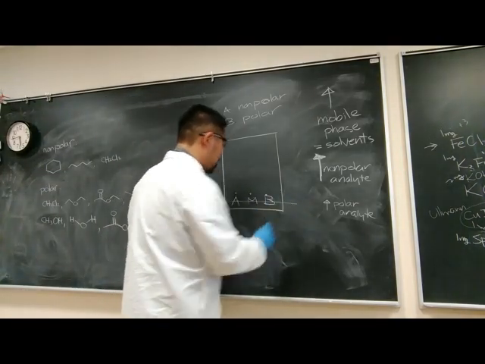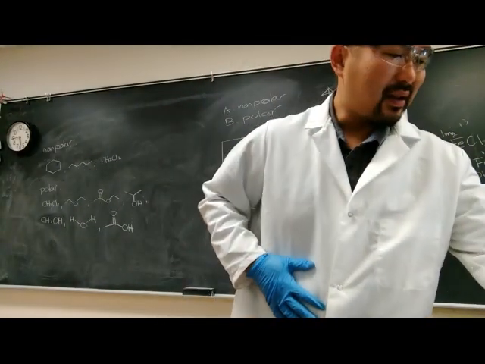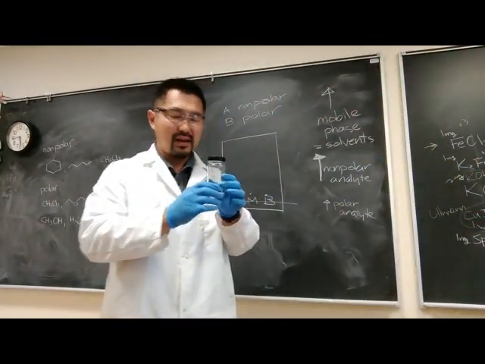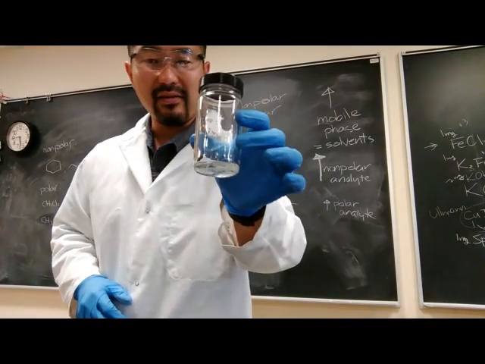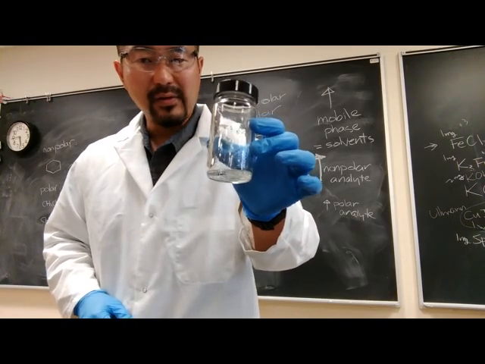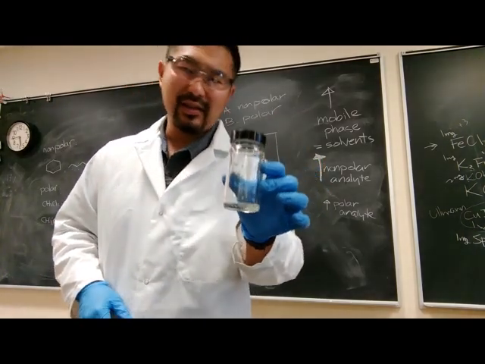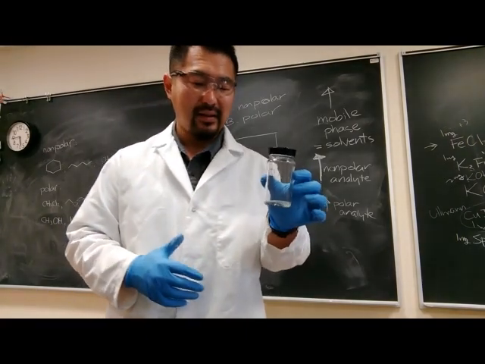Once you dip this TLC plate in the TLC developing chamber, this would be the TLC developing chamber. I don't know if you can see, there's actually a solvent at the bottom. You really don't want to use more than 3 to 4 milliliters total of the mobile phase solvent.